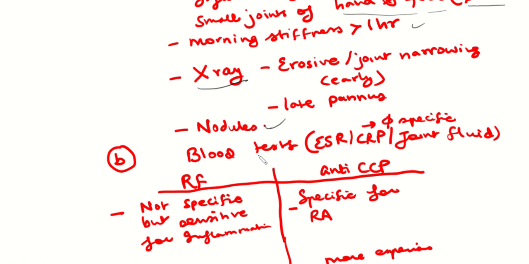Blood tests. You can do ESR and CRP, specifically CRP. It's going to be elevated, especially if they are in a flare. Joint fluid may be inflammatory. It can't be septic because it's not infectious. Why would you do a joint arthrocentesis?